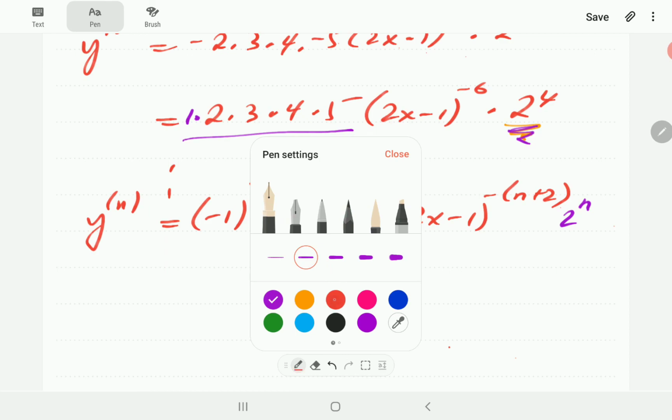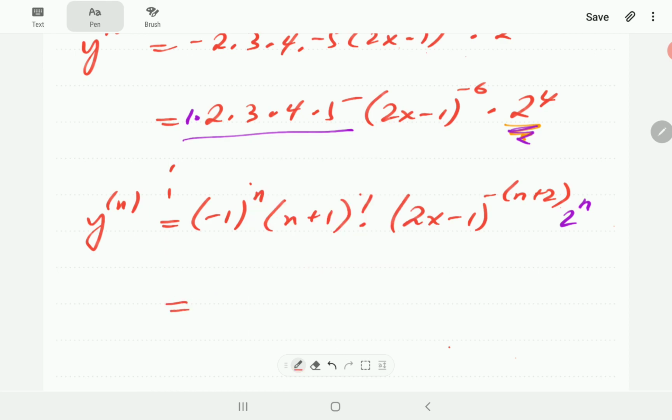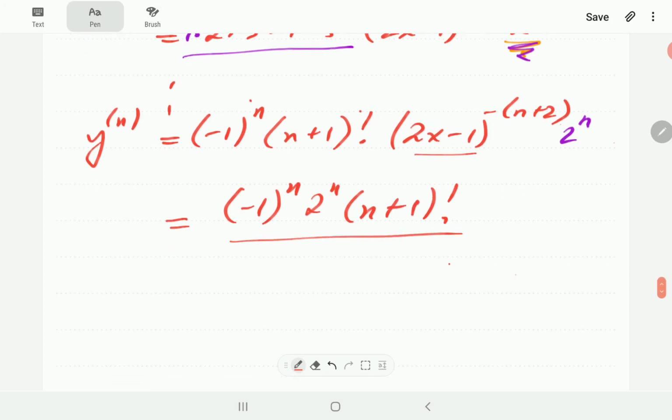So this we can now combine or tidy up. The power of (2x - 1) we're going to write in the denominator. So we're going to have negative 1 to the power n, 2 to the power n, n plus 1 factorial, and in the denominator, (2x - 1) to the power n plus 2.